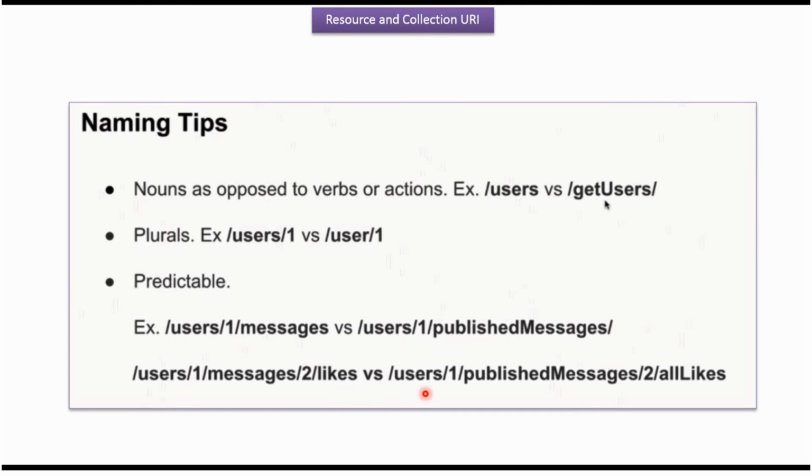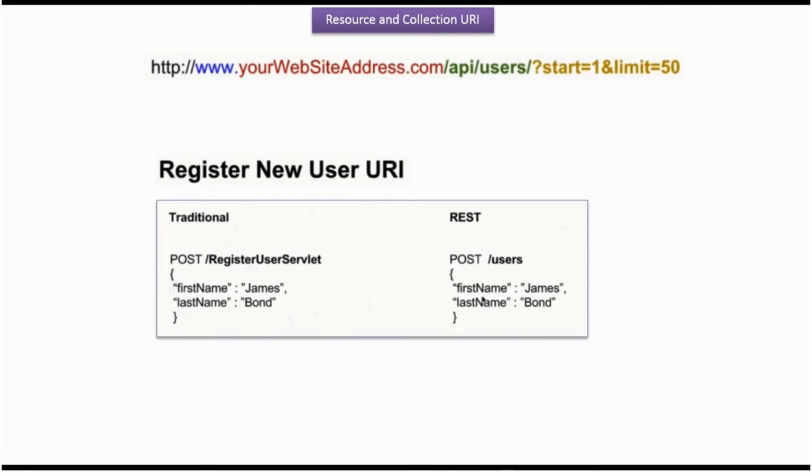We should not put users collection, specific user ID, published messages, and specific message ID, all likes. This all likes and published messages, we have to avoid. We have to simply say messages, likes.